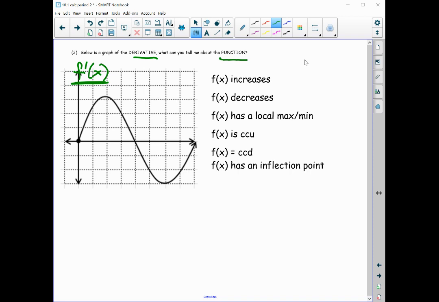Okay, so now I'm just going to go ahead, so I don't have to flip back, and quickly make my little chart.